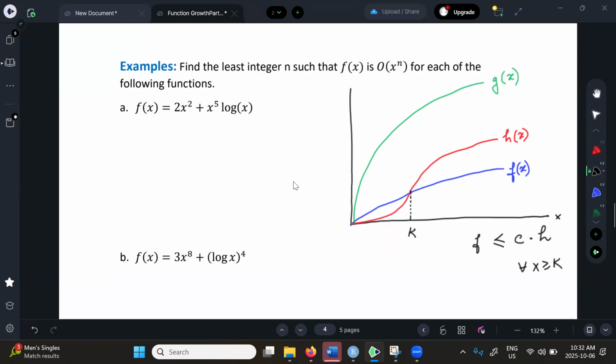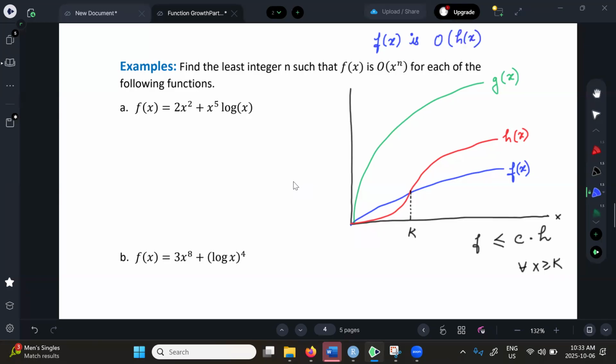What you can interpret from this graph is that f of x is big O of h of x.